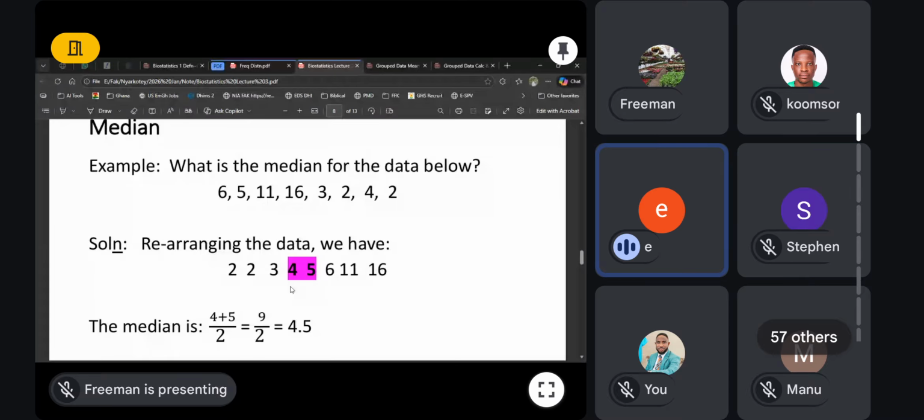The 9 is the addition of 4 and 5, the 2 numbers in the middle. You can see the equal sign. How about the 2 that is under? That is the 2 that is in front of it. Because it's 2 numbers that we added, we divide it by the 2 numbers.